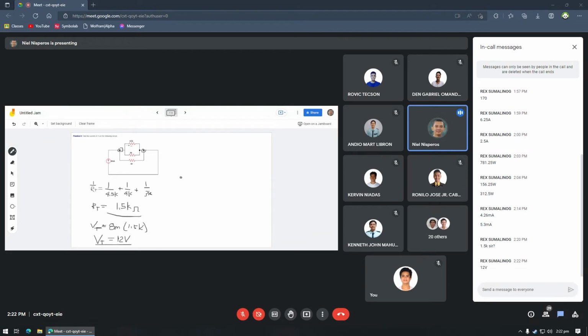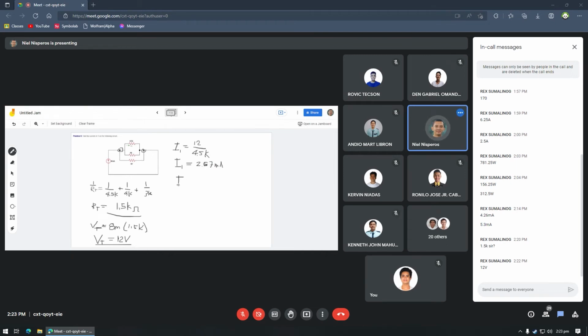Okay, 12 volts. Now for the individual currents for R1, R2, and R3: I1 is equal to 12 volts divided by R1, which is 4.5K. So I1 is equal to 2.67 milliamperes.